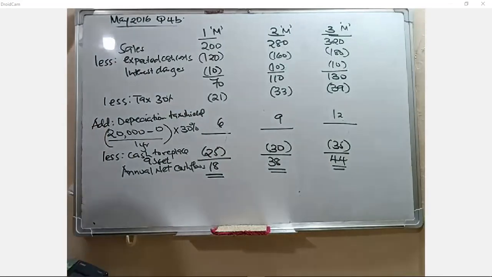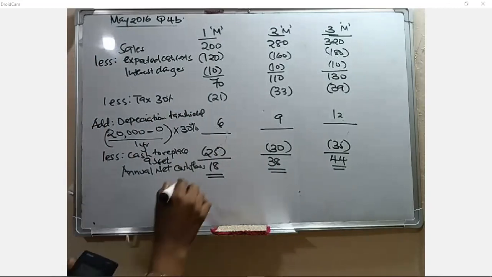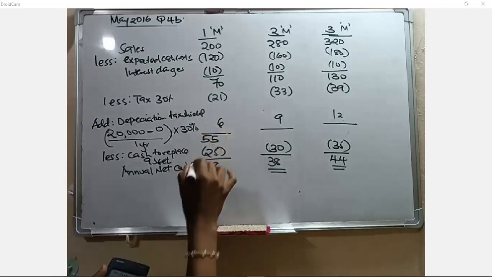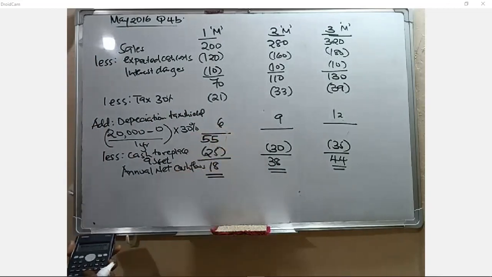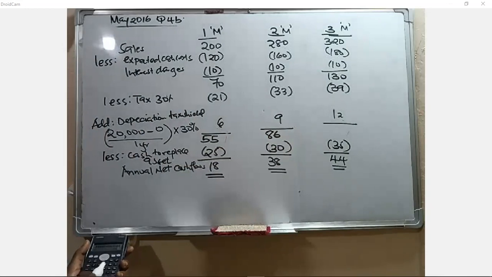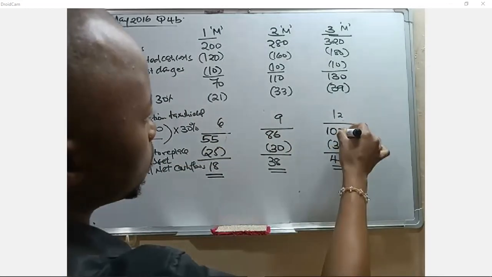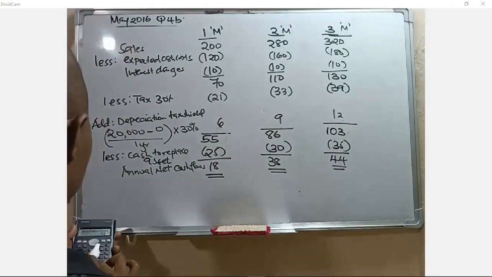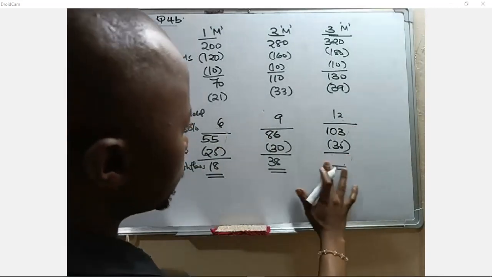So let me start with the first one, 70 minus 21 plus 6, 55. The second one will be 110 minus 33 plus 9, getting 86. Then the last one will be 130 minus 39 plus 12, getting 103. Minus 35, getting 68 here.